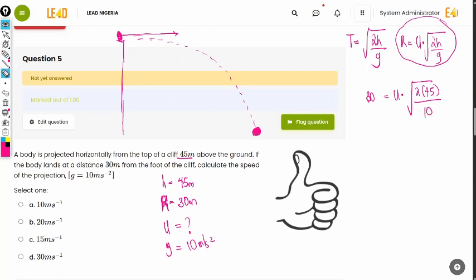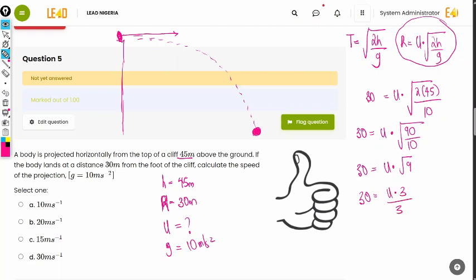Okay, so let me do it with this unit here. We can solve backwards for u, right? We just keep on breaking it down one by one. So 30 is equal to u times the square root of 90 over 10. So 30 will be equal to u times the square root of 9, so 30 is equal to u times 3.